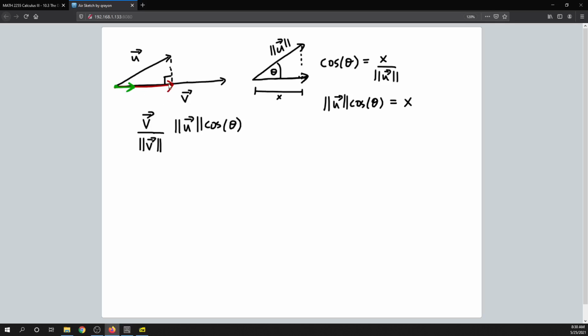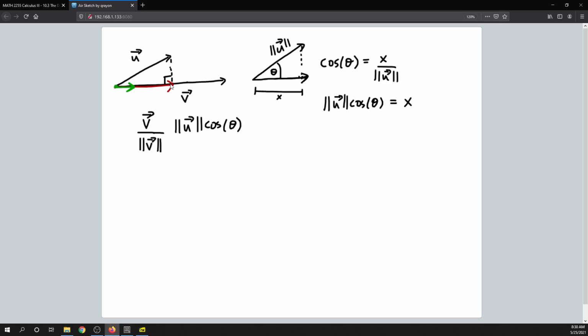And now why is it going to be the orthogonal projection? Well, remember this unit vector, this little green vector, points in the direction of the vector v, and it has length 1. And then I'm scalar multiplying it by the length of the orthogonal projection. So this vector has the same direction as the orthogonal projection.